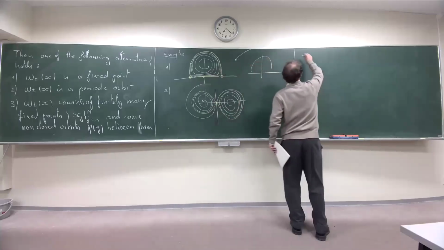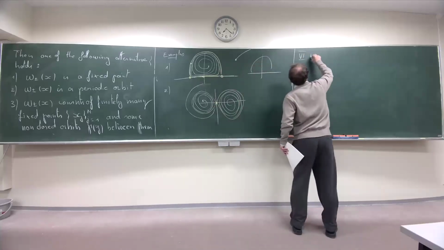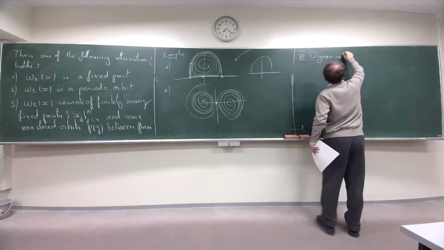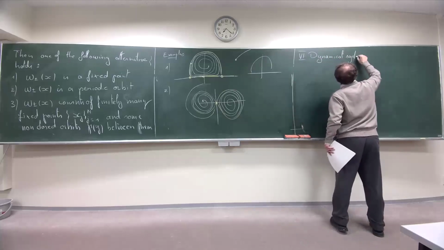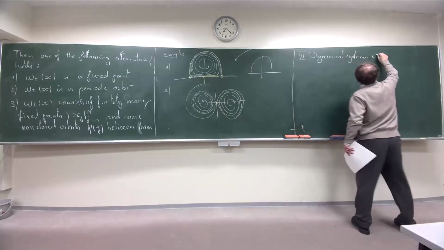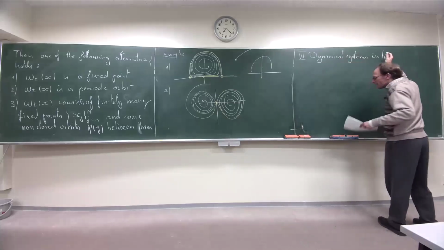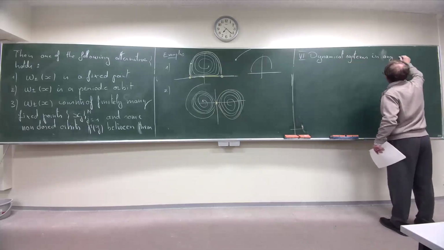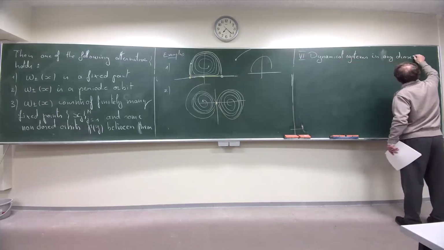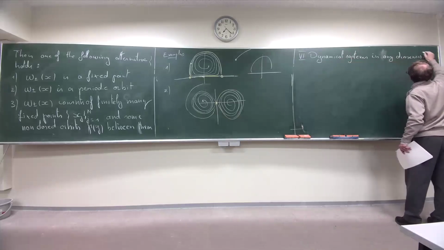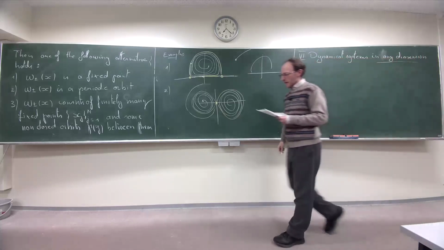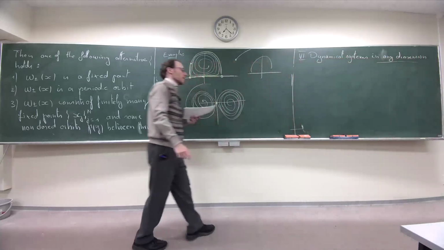Okay, so the next chapter, which is number 6, is dynamical systems, in a higher dimension, or in any dimension. I don't want to restrict the dimension.